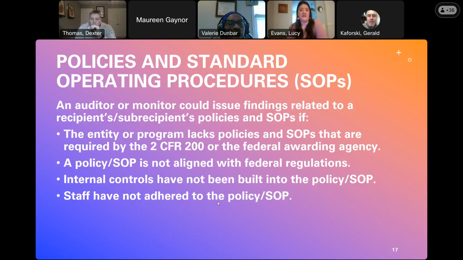A policy or standard operating procedure is not aligned with federal regulations. Internal controls have not yet been built into the policy or standard operating procedures. Staff have not adhered to the policy or standard operating procedures.